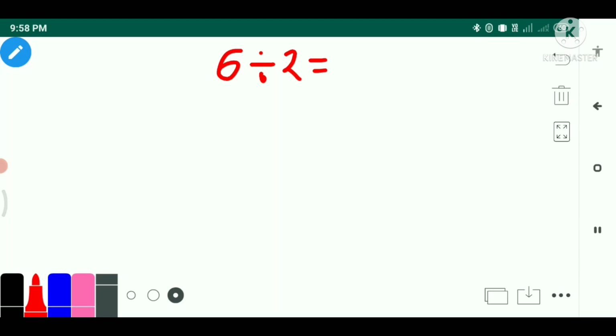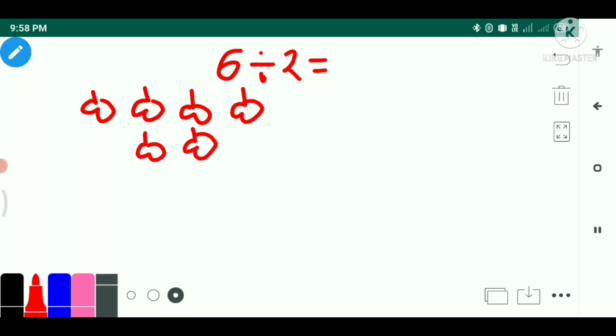Just imagine 6 apples are there. 1, 2, 3, 4, 5, 6. What will we do? We'll remove 2 apples in every step. This is the first step.